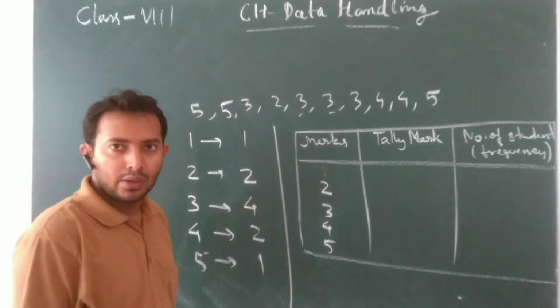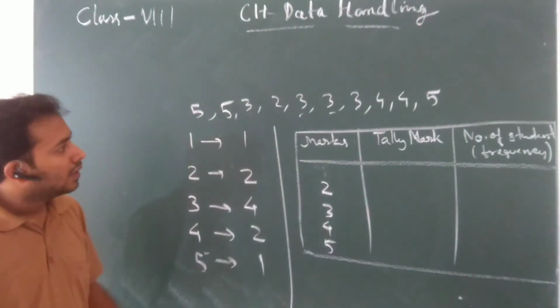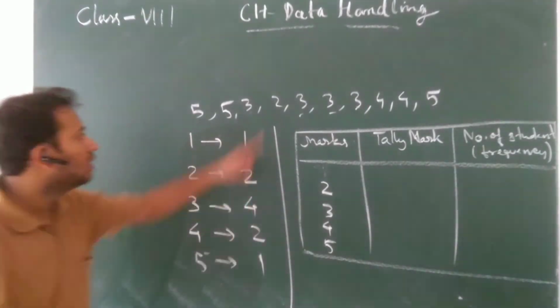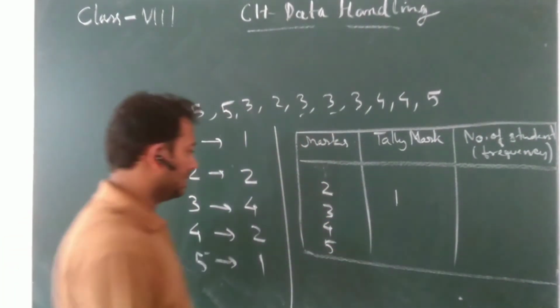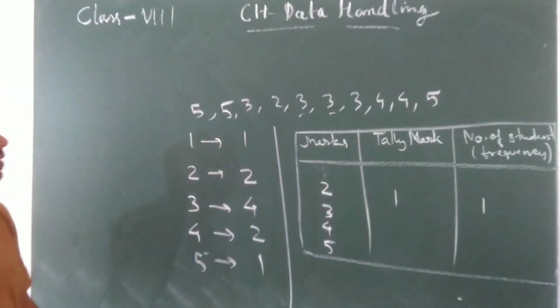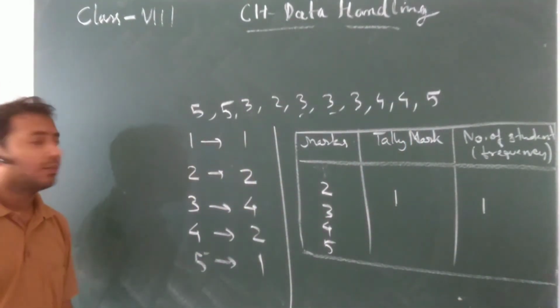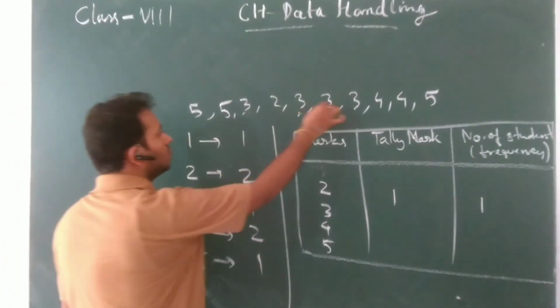Now, for 2, how many students have got 2 marks? Only one. So in tally marks we write 1, and on this side we write 1. Next, look for 3. How many students have got 3 marks? 1, 2, 3, 4.